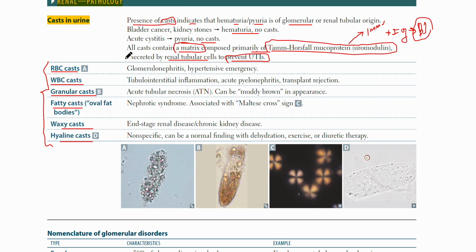RBC casts are seen in glomerulonephritis and hypertensive emergencies. WBC casts are seen in tubulointerstitial inflammation, acute pyelonephritis, and transplant rejection.